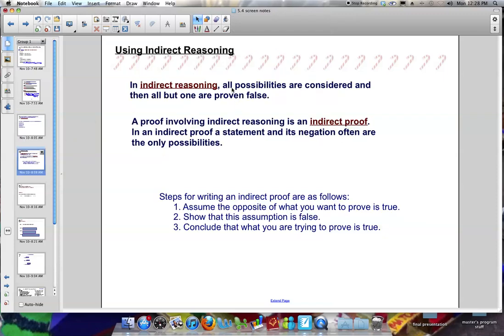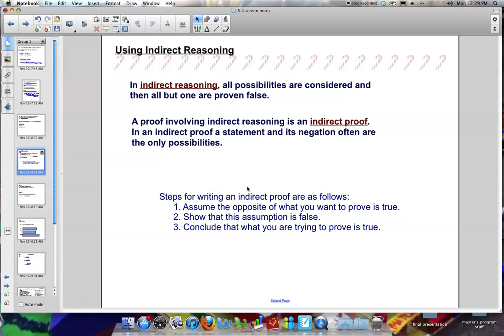We can also use the negation in something called indirect reasoning. In indirect reasoning, all possibilities are considered, but then all of them except one are proven to be false. Usually, in an indirect proof, which is a way to show indirect reasoning, there are only two possibilities. Either the statement is true or its negation is true, its opposite.